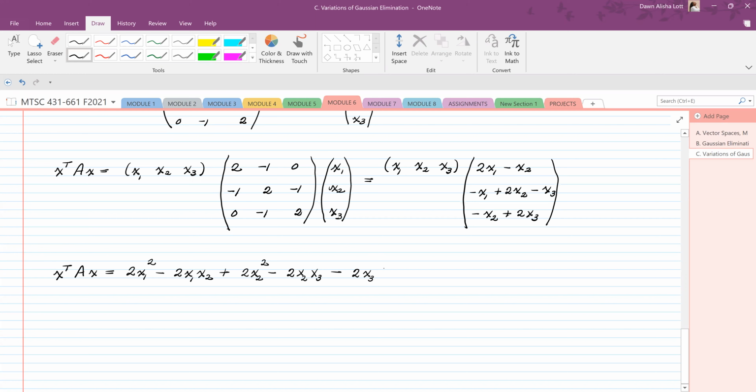plus 2x3 squared. And with a little clever algebra, I can write this as x1 squared plus (x1 minus x2) squared plus (x2 minus x3) squared plus x3 squared.